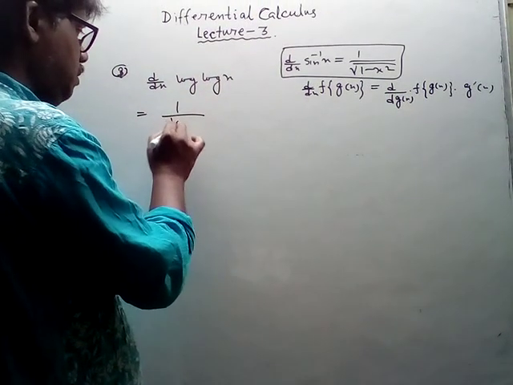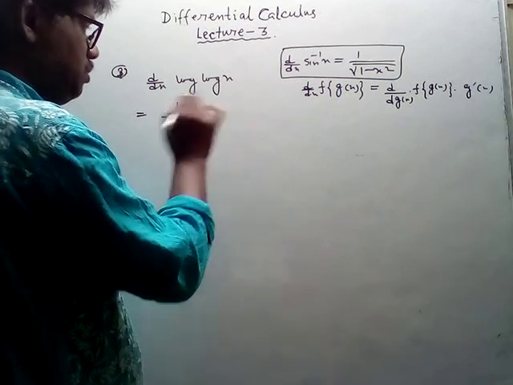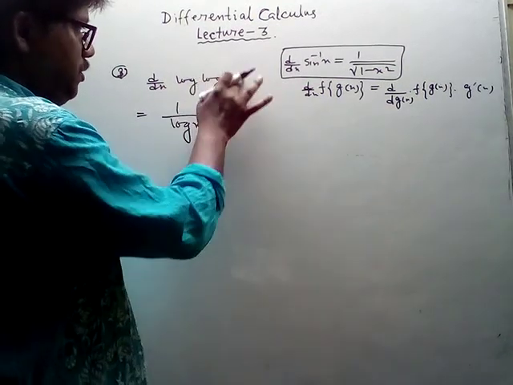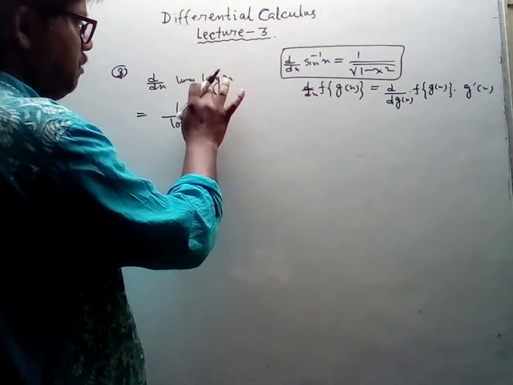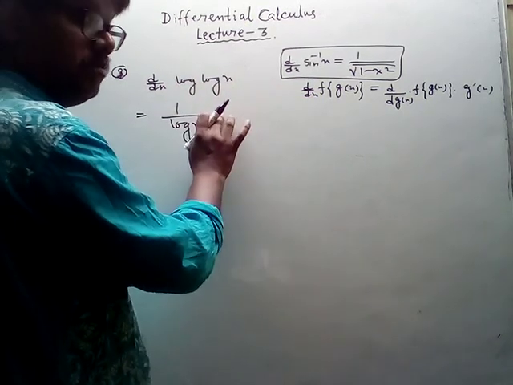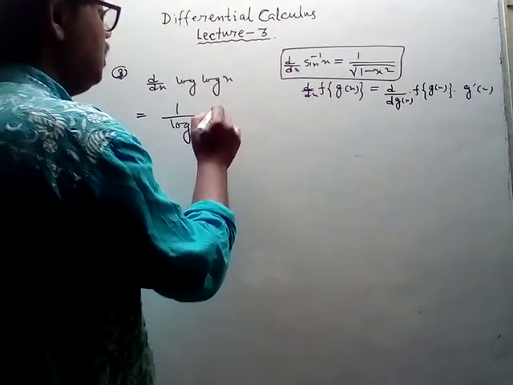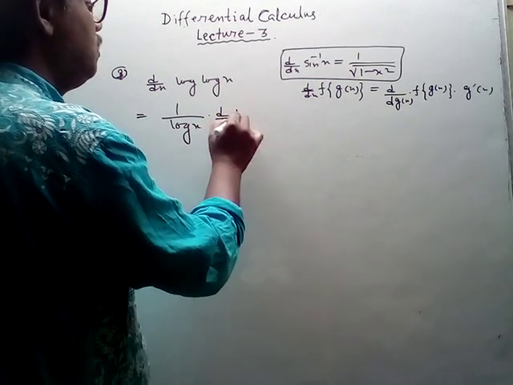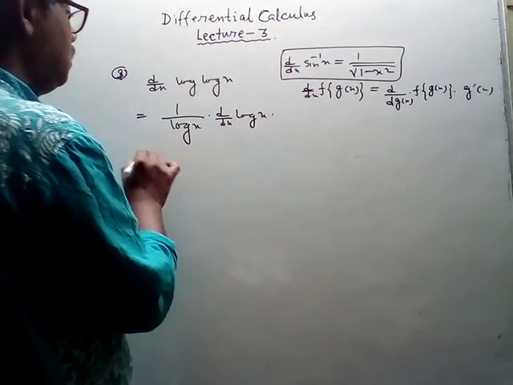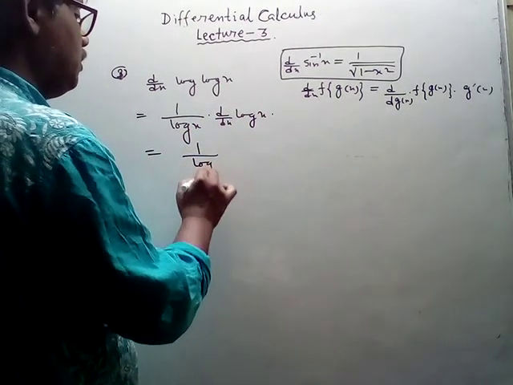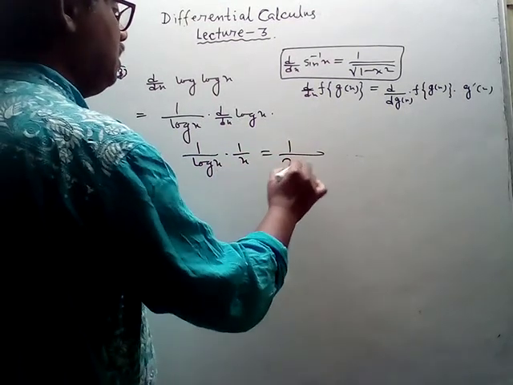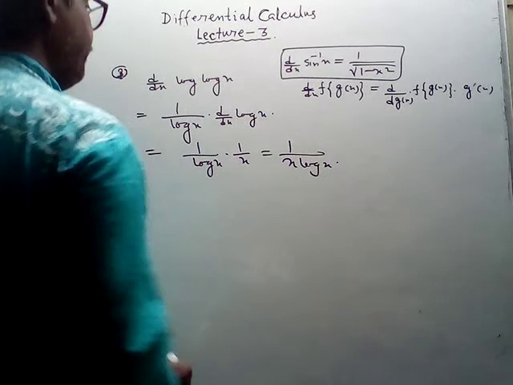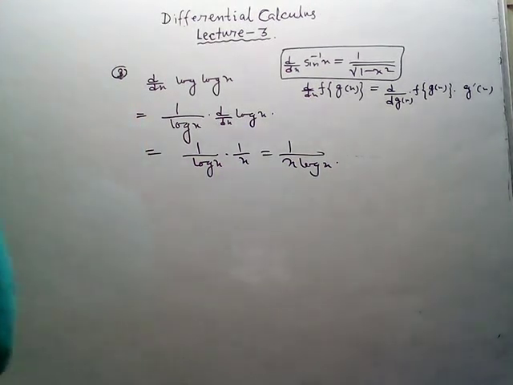If we take log x as z, then it is log z, so 1 by z into the derivative of z, by chain rule, into d/dx of log x. That is 1 by log x, and d/dx of log x means 1 by x. This is 1 by x log x.